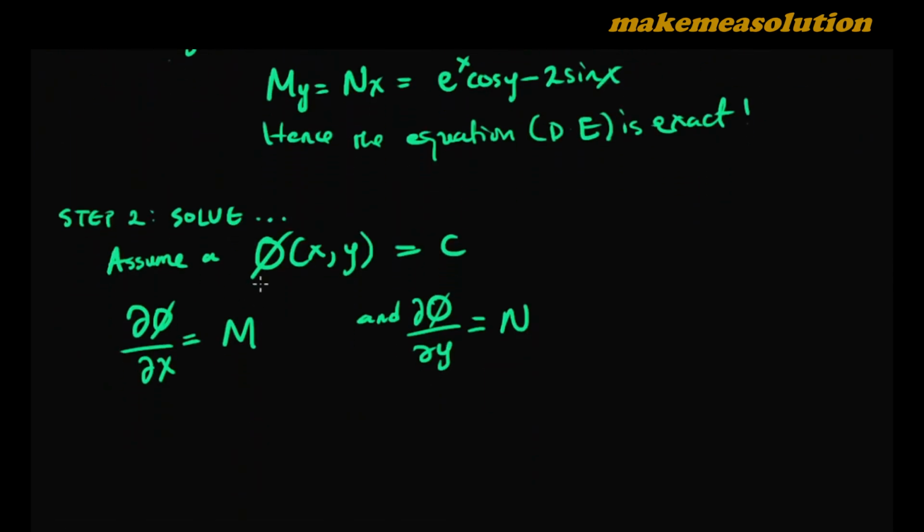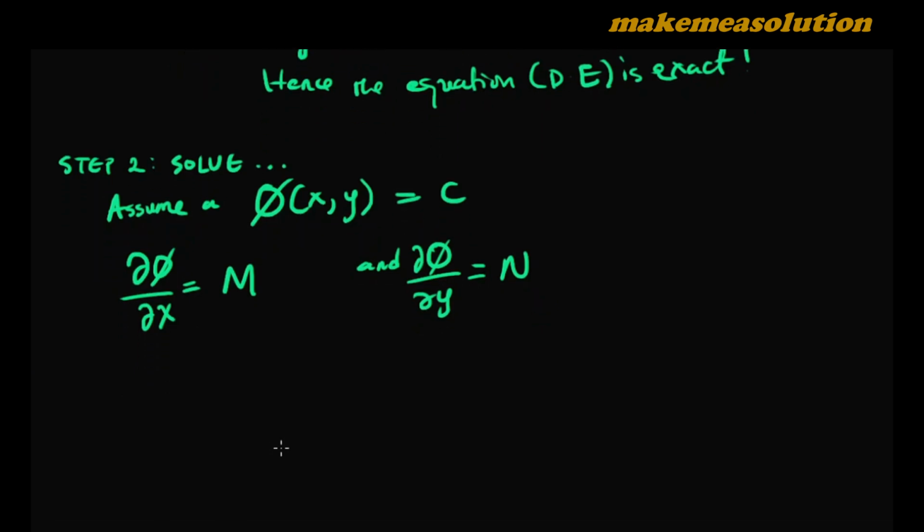So the multivariable function that will contain our solution should be able to satisfy these particular conditions after we test that the differential equation is exact. So now to proceed further in our solution, you can see that at this point you have 2 ways of applying the separable variable technique in order to obtain phi, because our objective is to obtain this phi of x comma y that contains our solution.